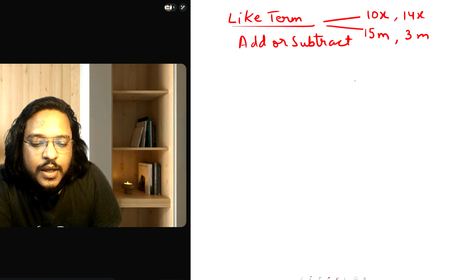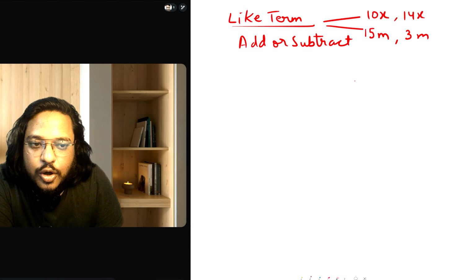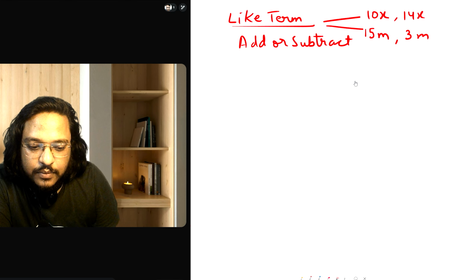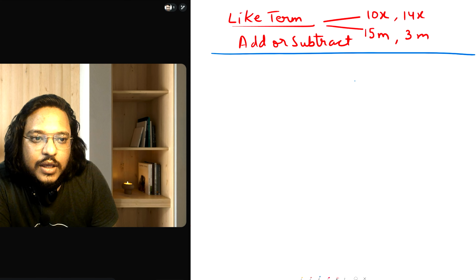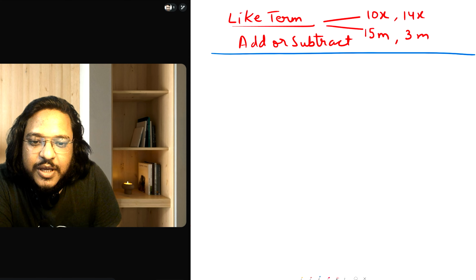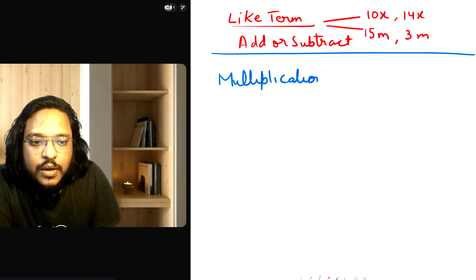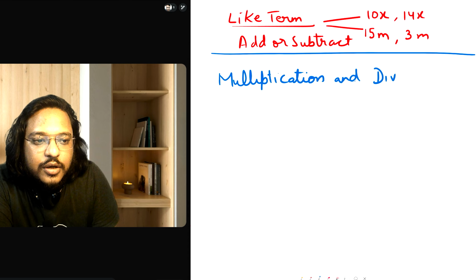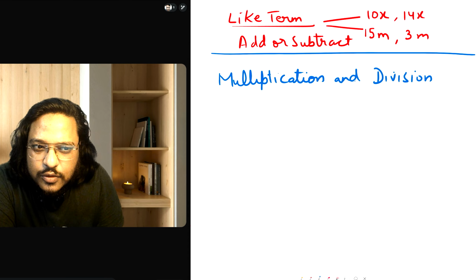But what we did not discuss in the last lecture is multiplication and division. Is that also impossible when it comes to algebra, like and unlike terms?